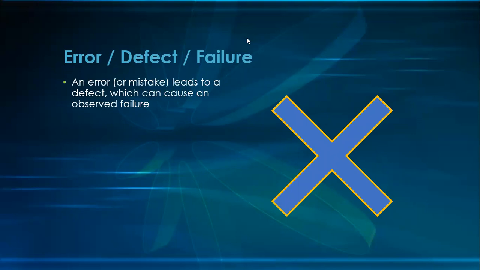An error is a mistake which leads to a defect which can cause an observed failure. I said there are three brothers. The first one will happen, an error. Then that error will lead to a defect. That defect will lead to a failure.